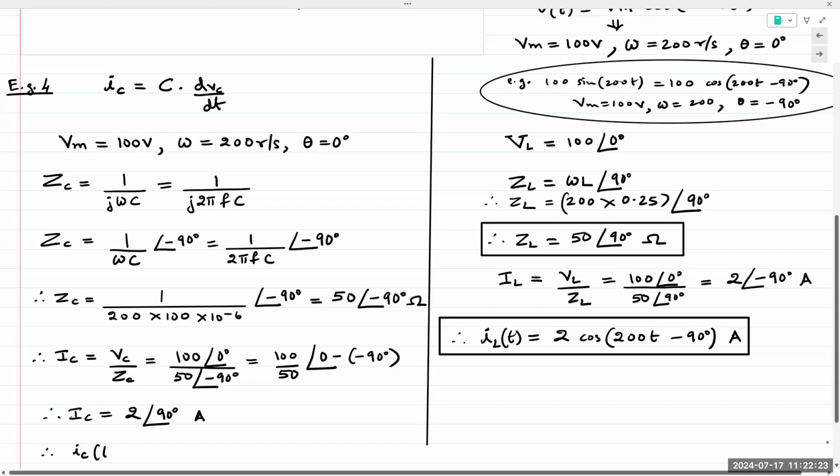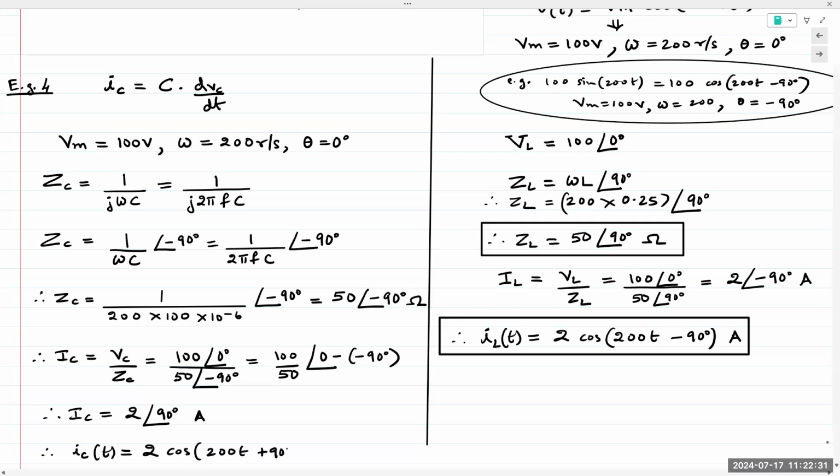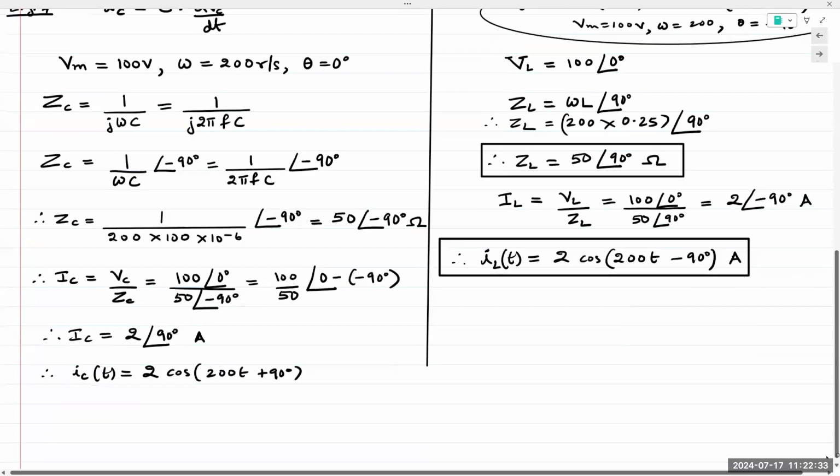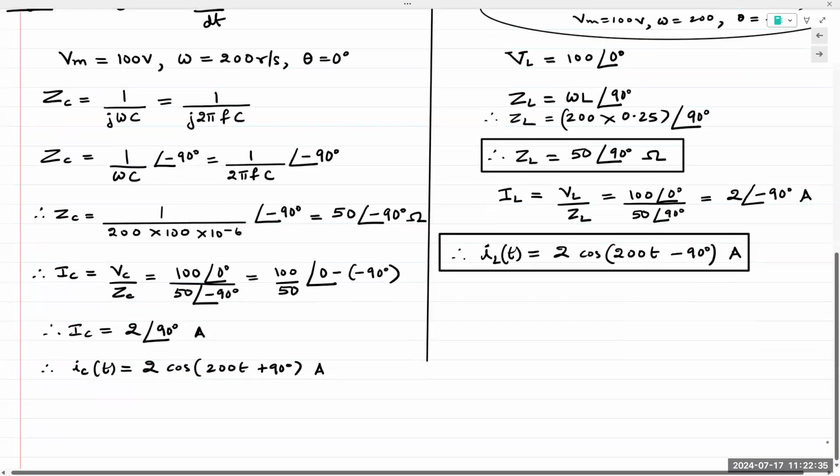And IC of t would be 2 cos of 200t plus 90 degrees amps. That would be your final answer. Let me know if you have any questions.